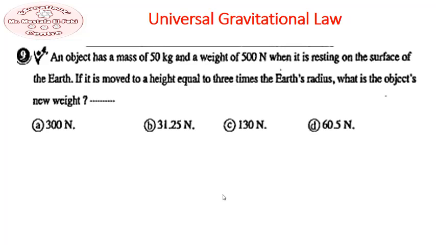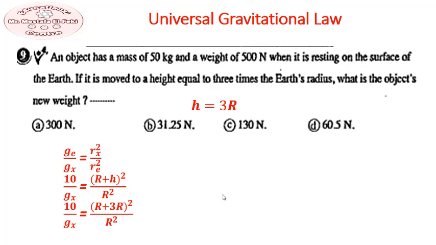An object has a mass of 50 kilograms and a weight of 500 Newtons. If it moves to a height equal to 3 times the Earth's radius, what is the object's new weight? Since the height equals 3 times the radius of the Earth, from the ratio, the gravity of the Earth, 10, divided by the gravity at this point x equals (r plus h) to the power of 2 divided by r squared.